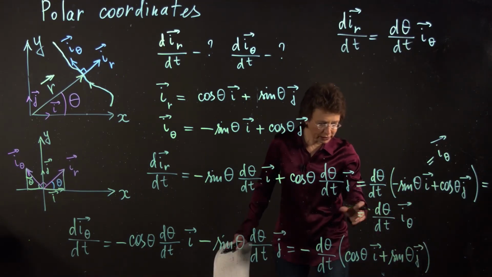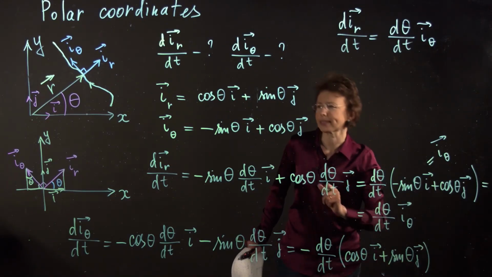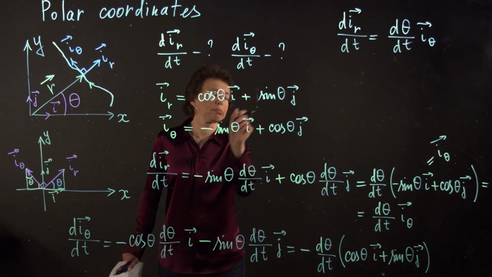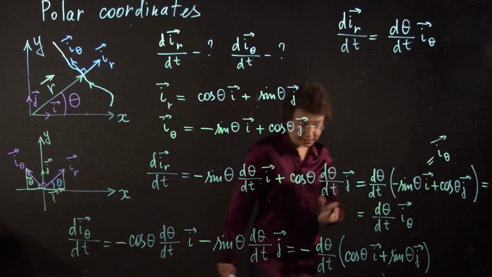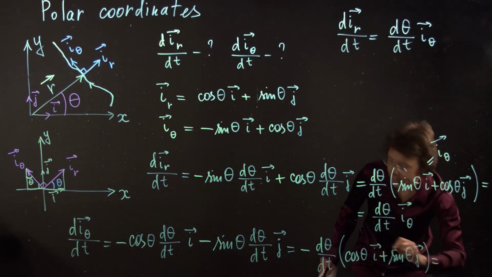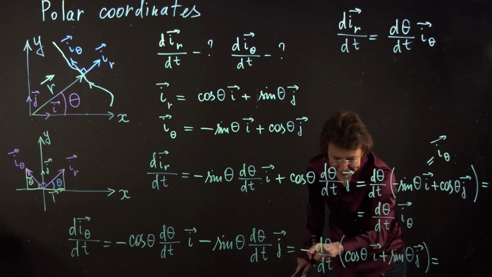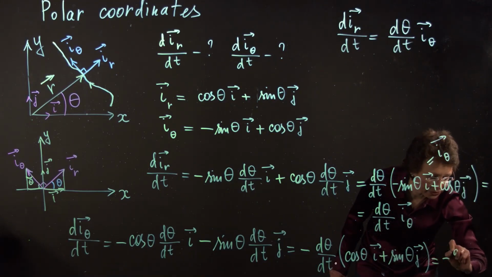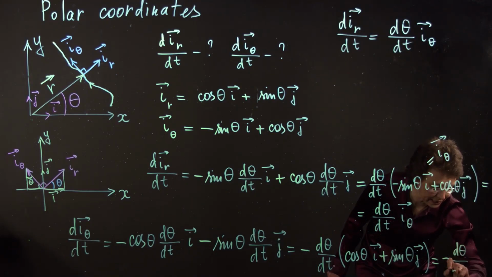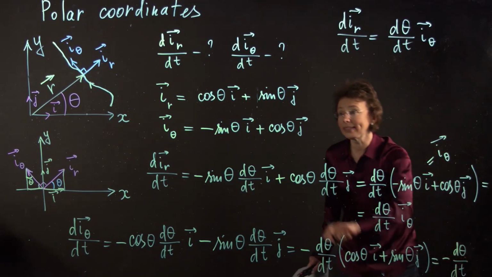Look at this. What is cosine theta i plus sine theta j? It is i_r. So the derivative di_theta/dt is equal to minus d theta/dt i_r.